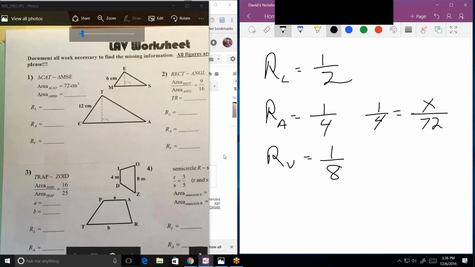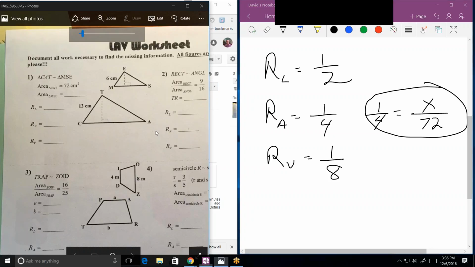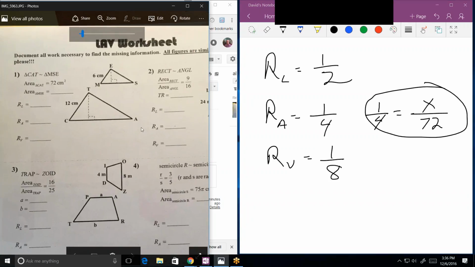In other words, if the area ratio is 1 to 4, and they're telling me the area is 72, the area of the smaller one must be 1/4 of 72. And that's what you get if you solve that. You get x equals 72 divided by 4. So if you have a calculator, go ahead and figure out what that is and put it down there. I don't care so much about the answers as I do the method.